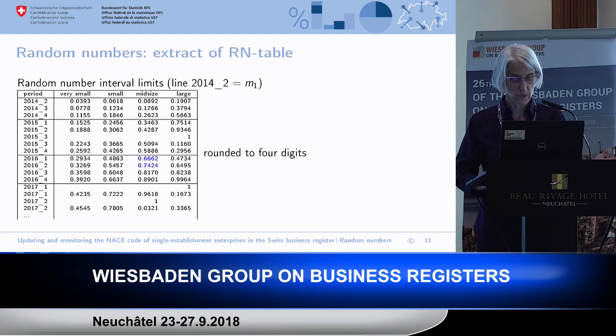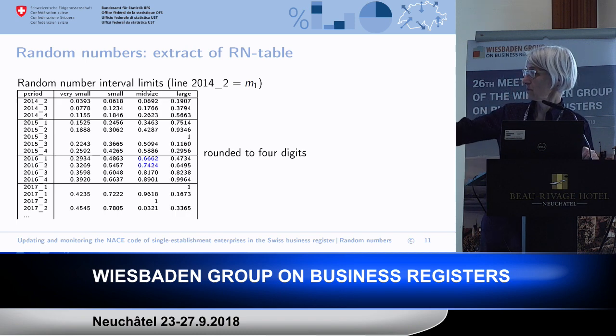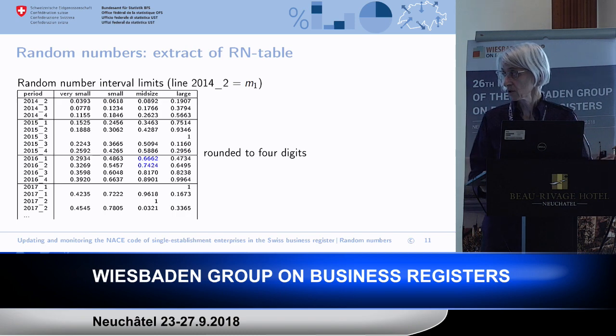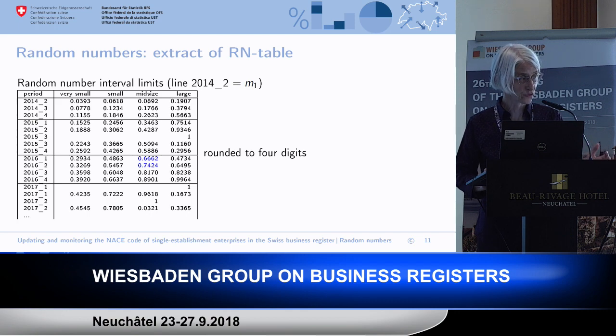This means we will have controlled the large enterprises, or their NACE code, of the first frame within 1.5 years. For the mid-size, as seen in the figure before, we have the one in the 13th quarter, in the second quarter of 2017, which means we have respected the cycle length of 3 years.